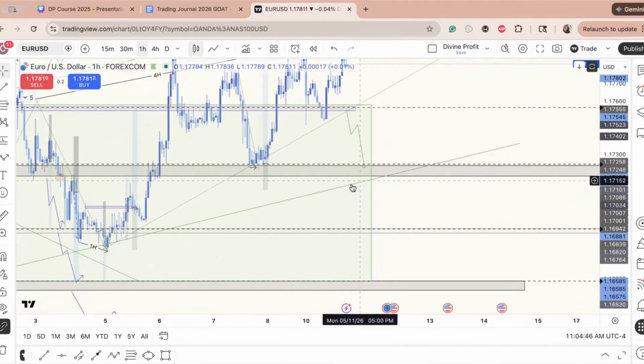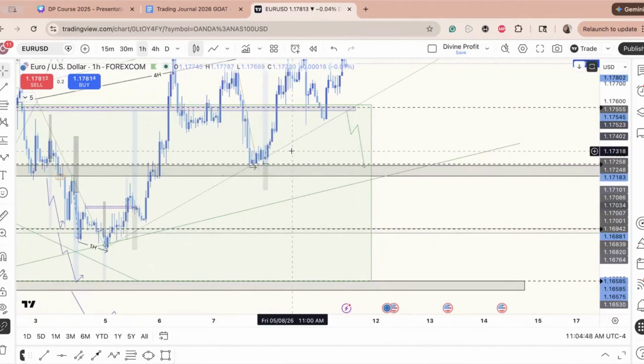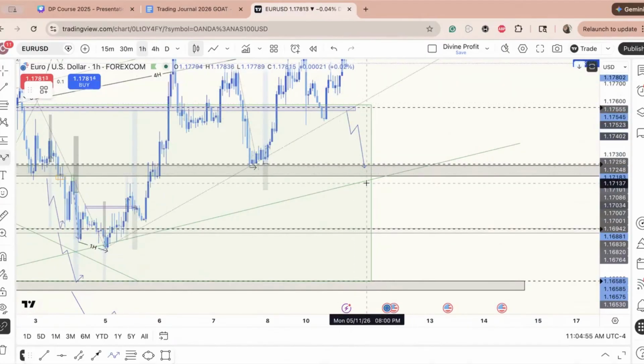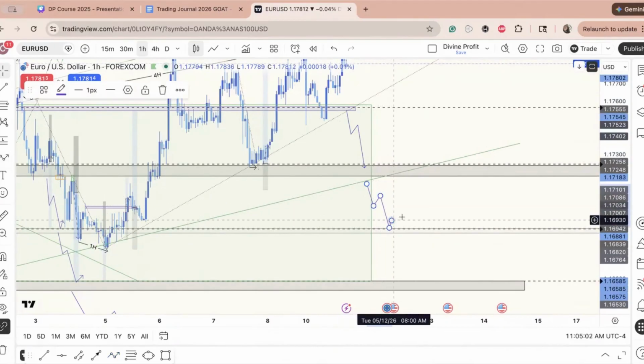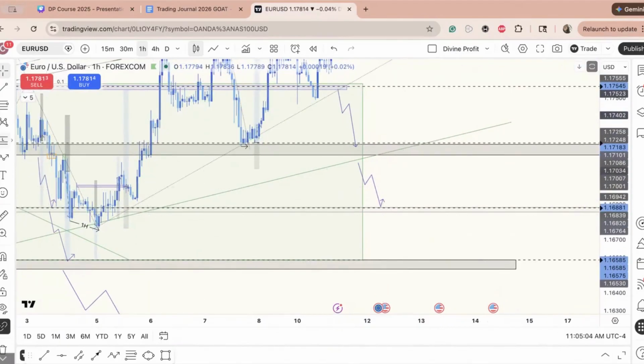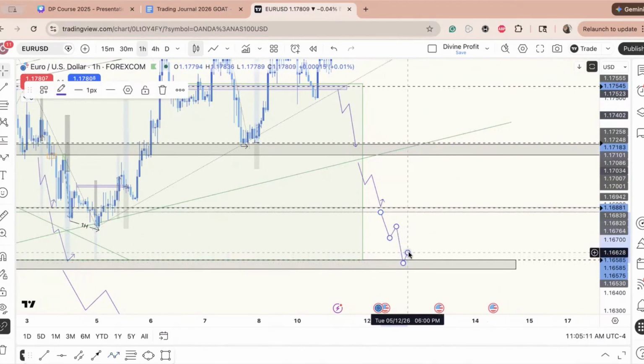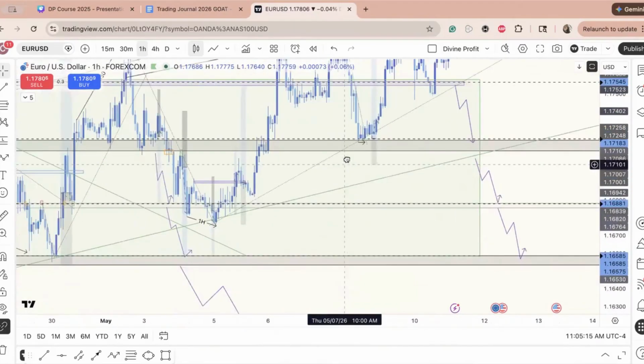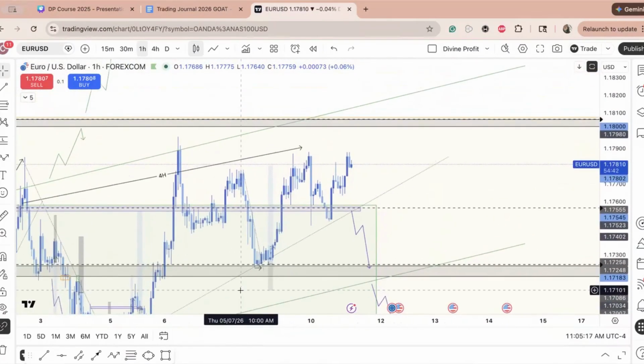If we break that channel, let's make this purple. I try to use purple for my sells and green for my buys, but I never really stick to the color. If we break that zone, we go to the next zone, and we're really just taking things zone to zone, right? Because we're in the same consolidation range, the zones I had for the break last week are going to be pretty similar this week.